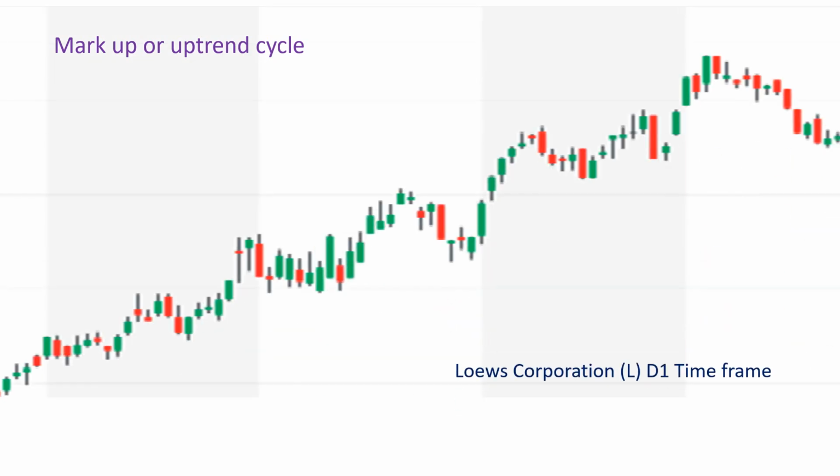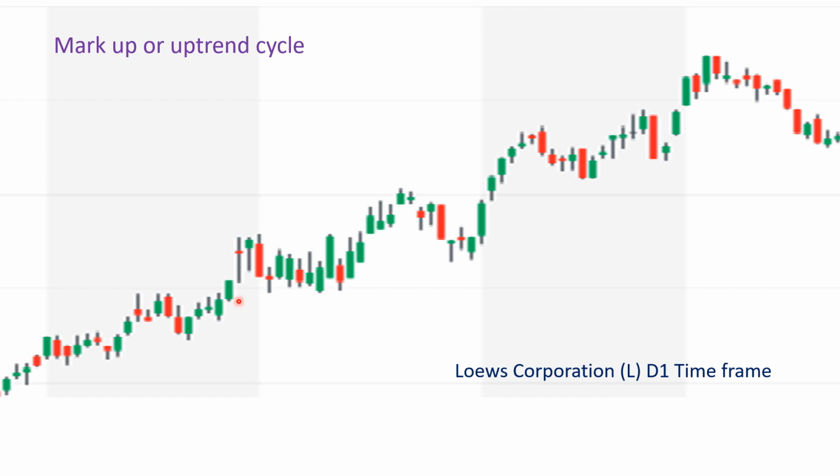Markup or uptrend cycle. This is the price trend, Lowe's Corporation, D1 time frame. Uptrend usually occurs after the price breaks out of the accumulation cycle, which is around here, and heads upward with low volume since there is not considerable supply or bearish pressure to deal with.